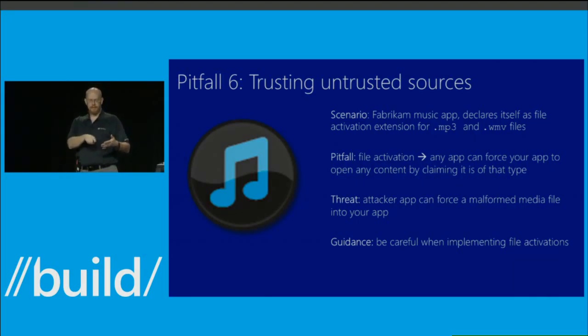It says .mp3 on the end, but there's no rule says that it has to be a valid file like that. And so attackers can create deliberately malformed files that break the parsing in your app, take over your app, and now they start doing whatever your app is capable of doing on the attacker's behalf. And the guidance here is be careful when implementing file activations.